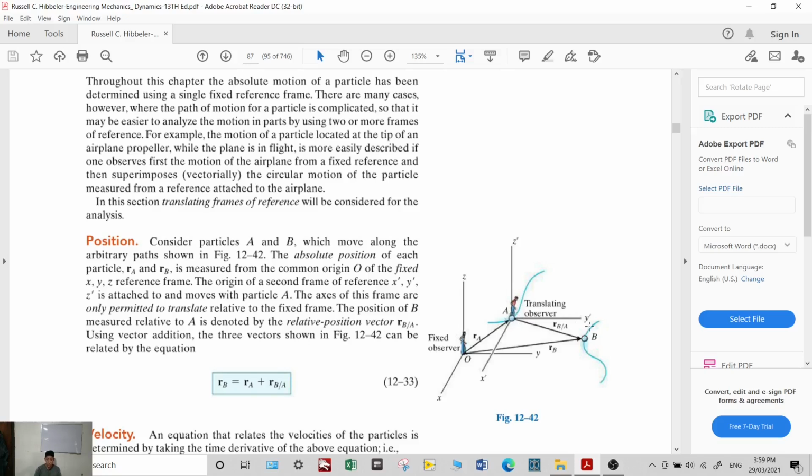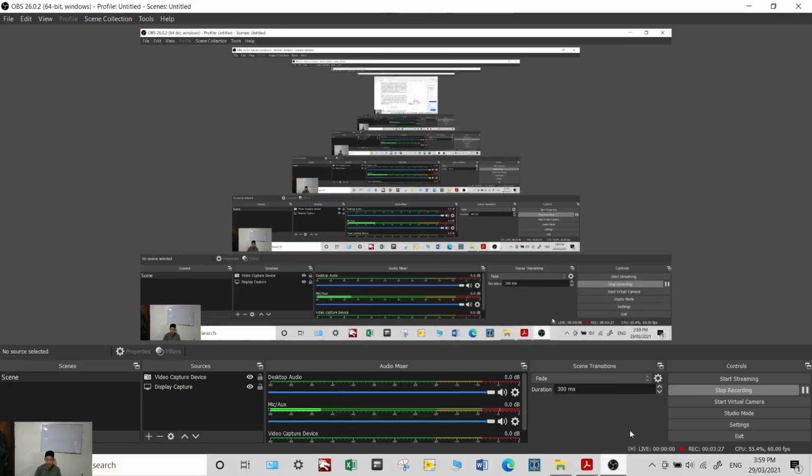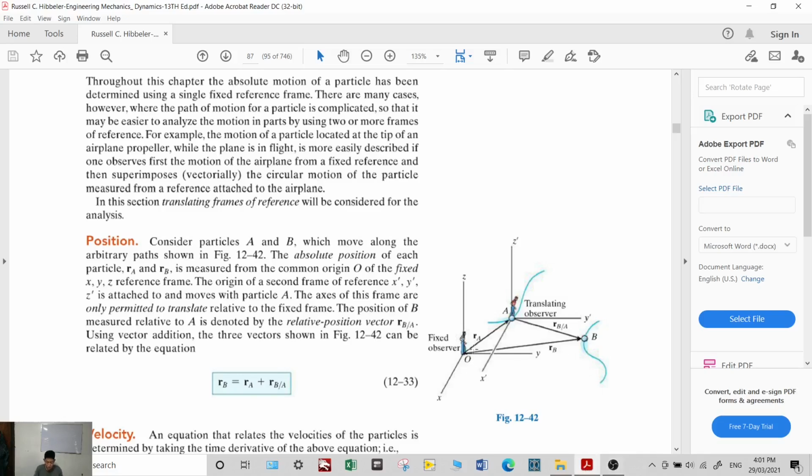If you have two particles, you can attach it either at point A or at point B. With respect to the fixed reference frame or the fixed observer, R sub A denotes the position vector of particle A, as well as R sub B. These vectors determine the position of object A and the position of object B.